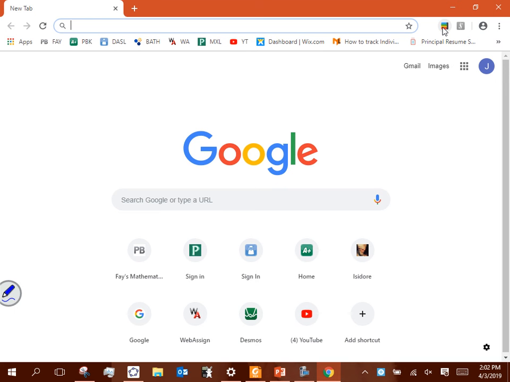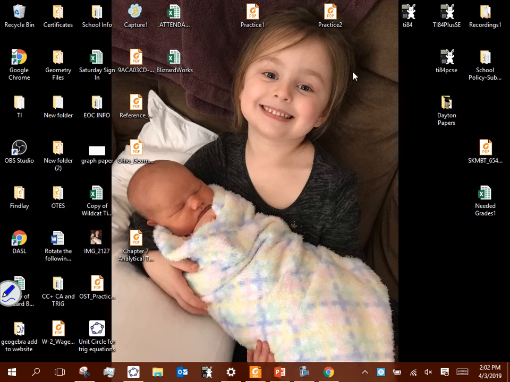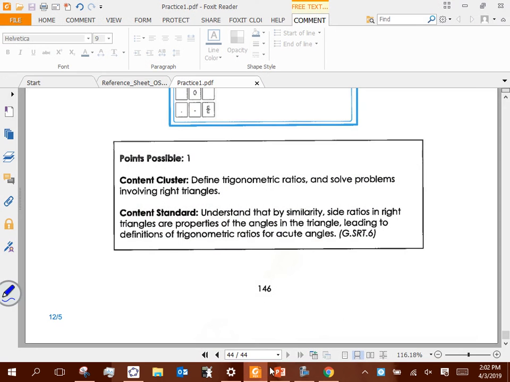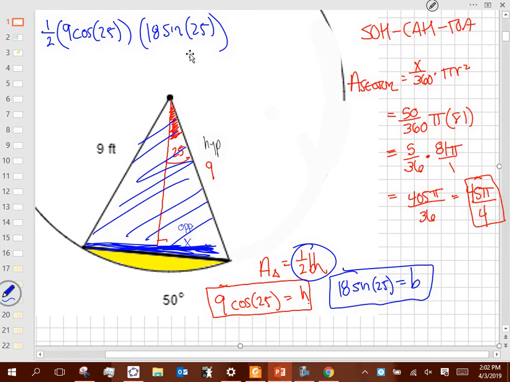Does that make sense? So in regards to the amount of problems that incorporate this process right here with the 9 cosine 25 and the 18 sine 25, that is more common than dealing with special right triangles, okay? Because there are more angles of the nature of 50, 51, 52, 53 versus 60, 120, 240, and so forth. Yeah?